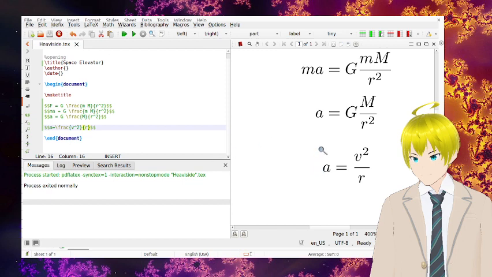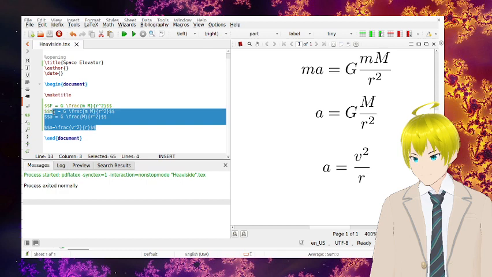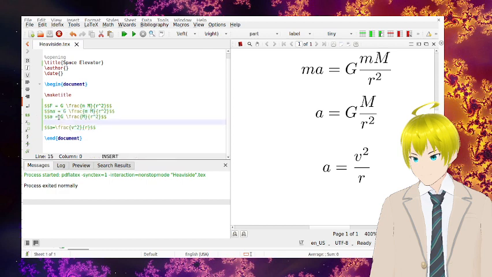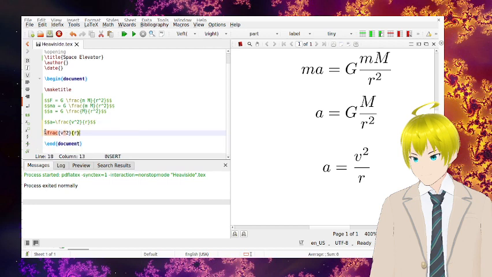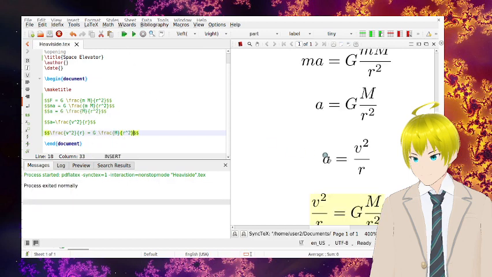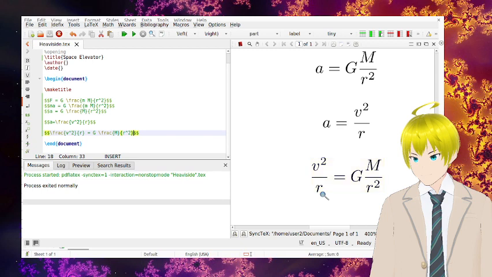Anyway, so we can set these equal to each other. We could set v squared over r equal to gravitational acceleration and solve for r.